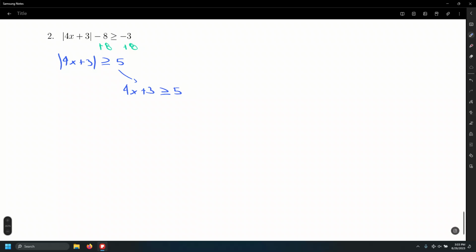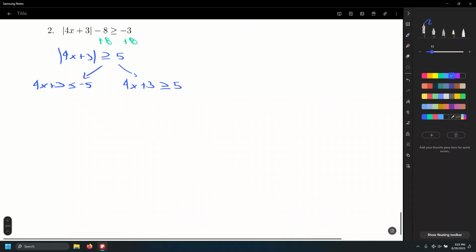However, no more absolute value bars this time. And then, that is 4x plus 3 less than or equal to negative 5, but in this case with the opposite sign. All right. So let's solve each individual inequality and see what we get.